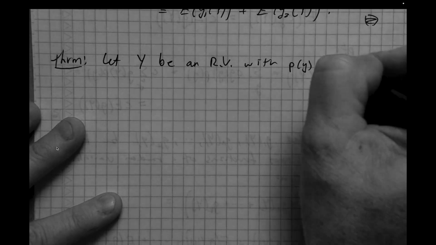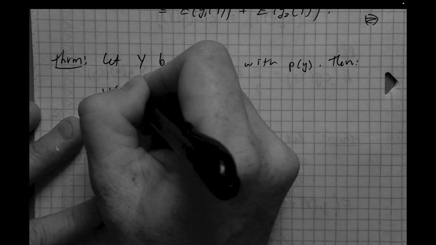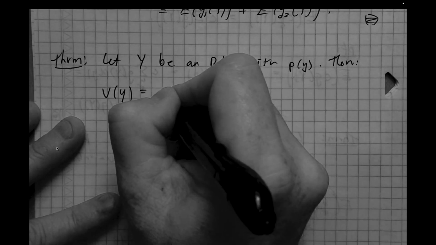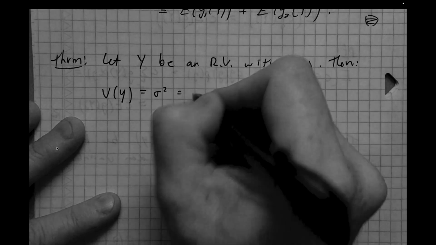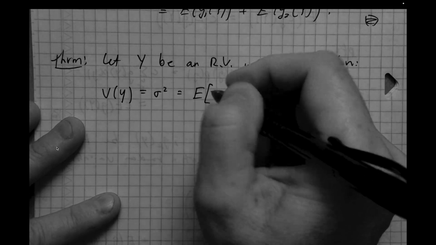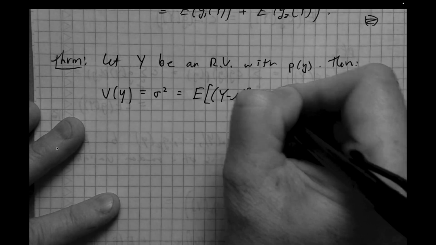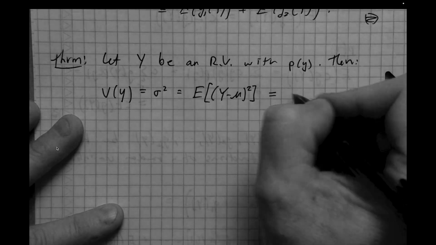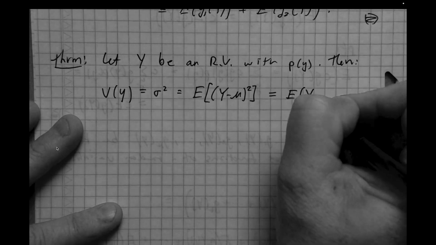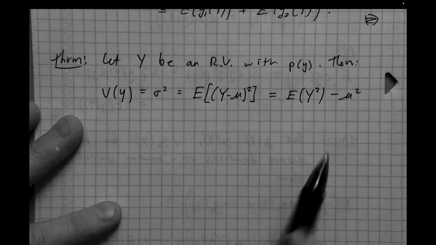Okay. Then the variance of y, we can say it's sigma squared, is equal to the expected value of y minus mu, quantity squared. This is the one we've seen before, but this is actually equal to the expected value of y squared minus mu squared.